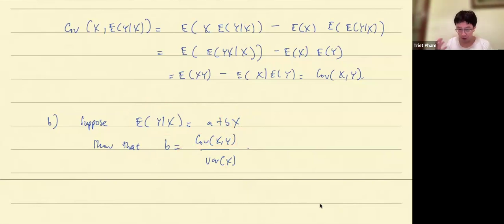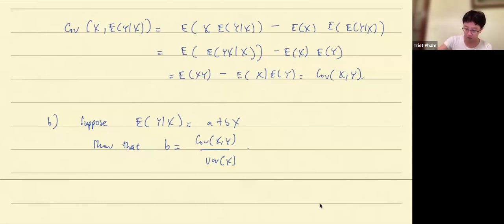And if you look into the textbook formula for b hat for linear regression, you'll see that it's going to be the empirical covariance divided by the sample variance, the empirical variance of x of the data. So like that.